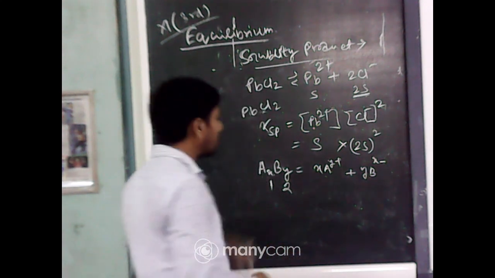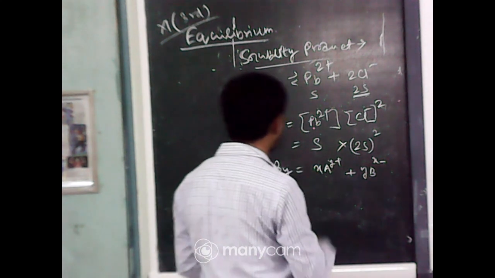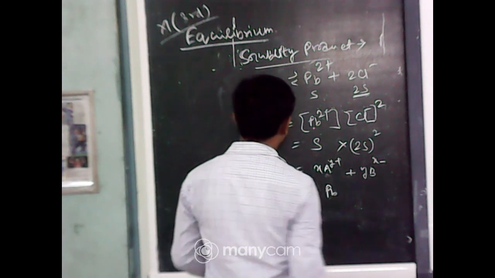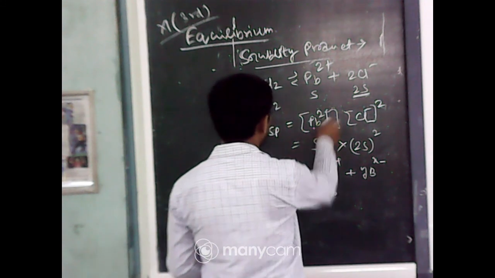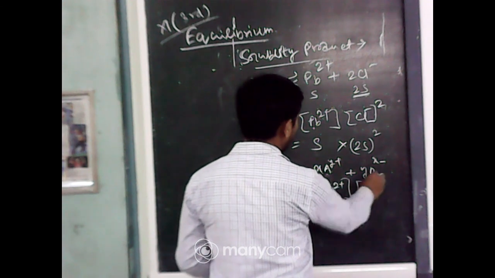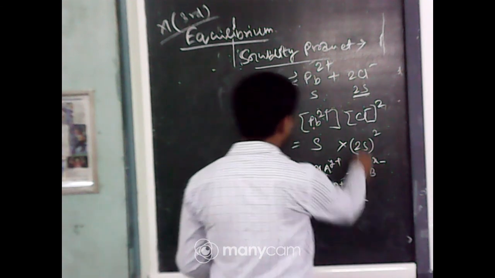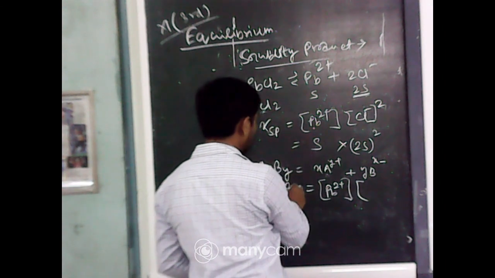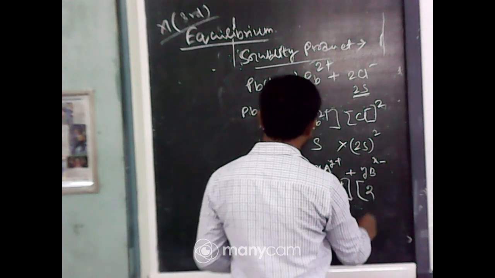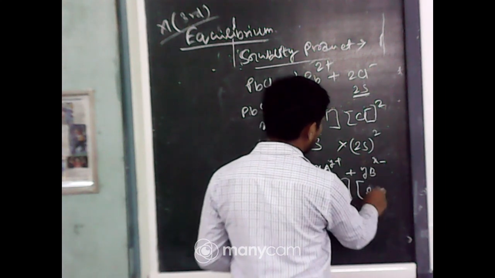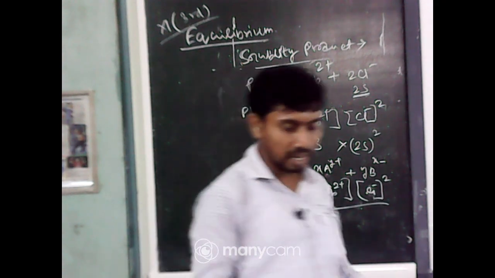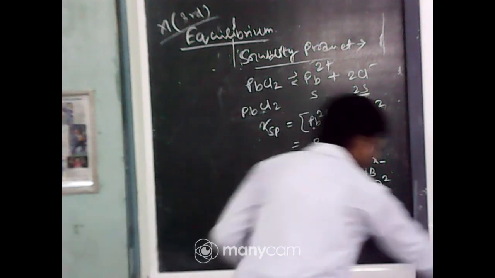So, if we put it in this way in this equation, we get PbCl2, where A equals Pb, y is the valency of B, that is 2, and y is the number of B, that is 2. It goes in the power of Cl minus square. So, by using the general equation we can solve it.